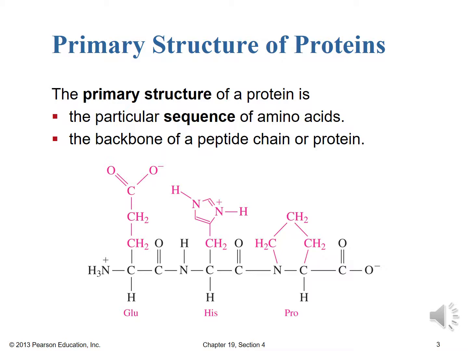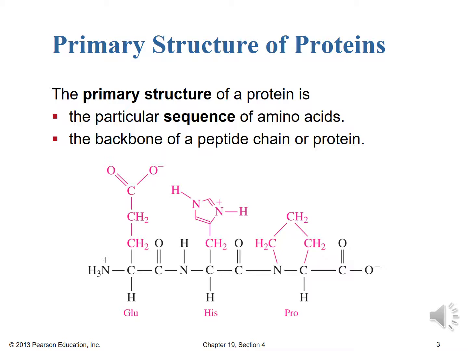The particulars here that we've already covered in terms of naming, right? This one we have glutamic acid, histidine, and proline. So this would be glutamyl histyl proline.